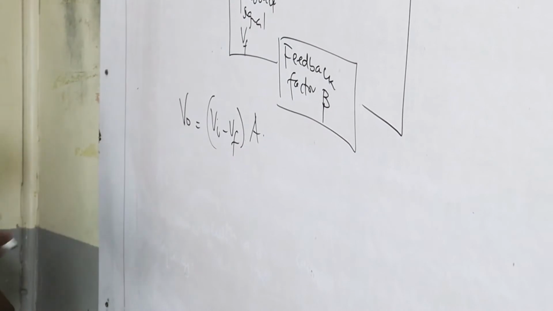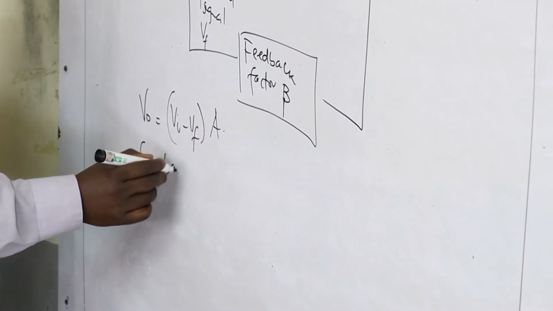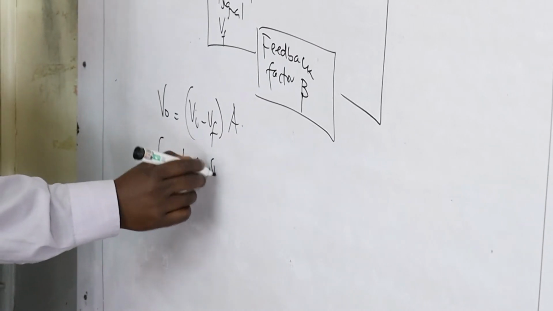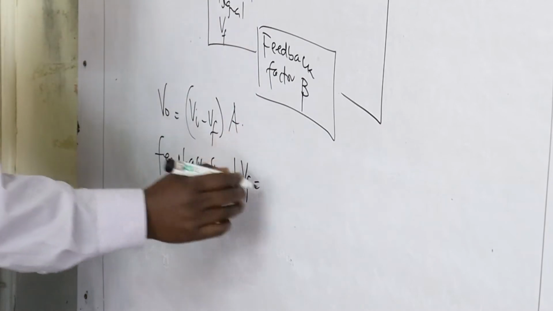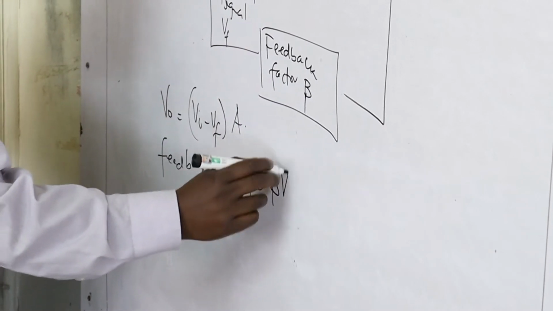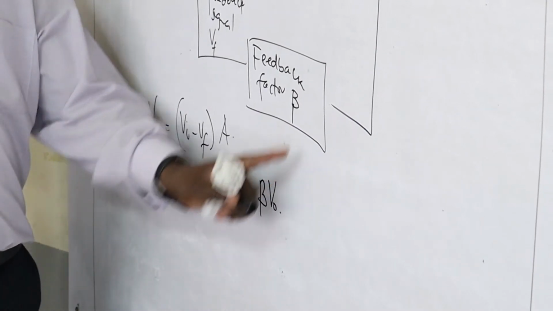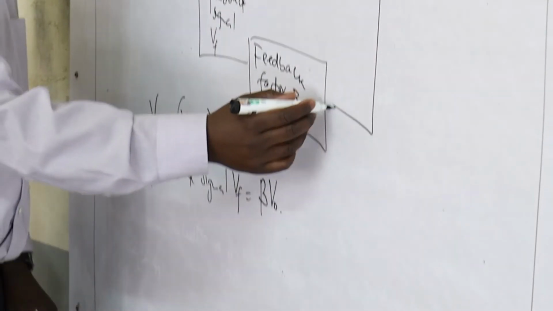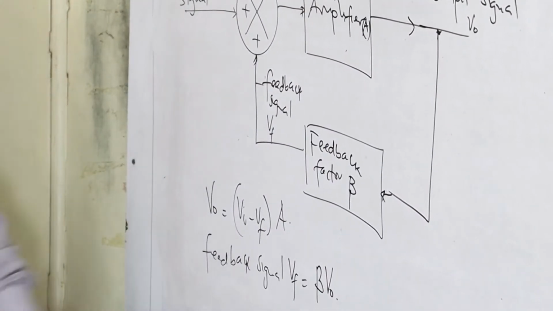But when you look at that, the feedback signal is given by a factor beta multiplied by the output signal, given that it's taken from the output signal.